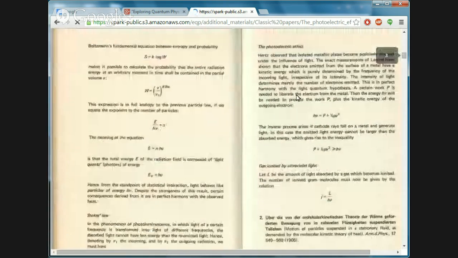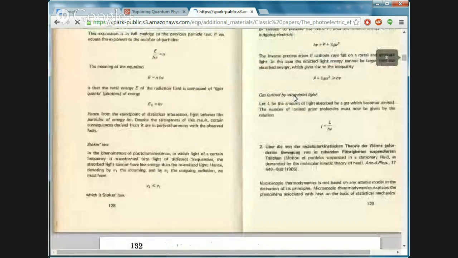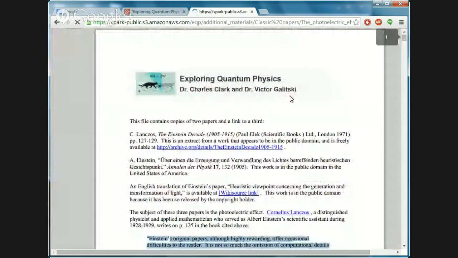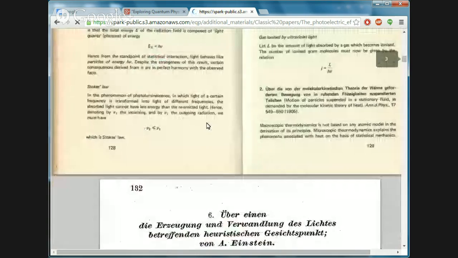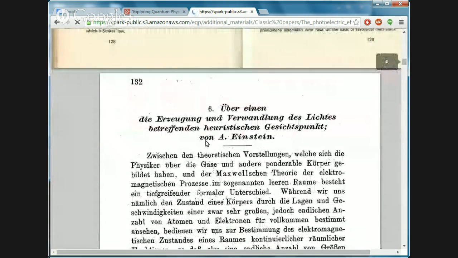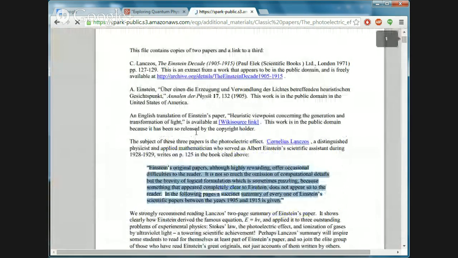So I extract the one on the photoelectric effect. They're really good. And this document also includes the original paper in German of Einstein and a link to an English translation.